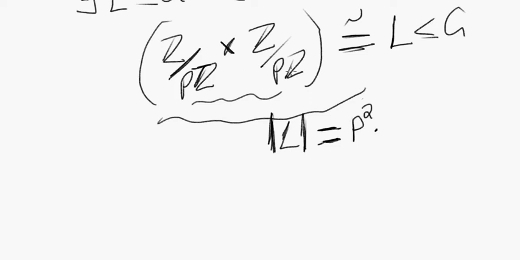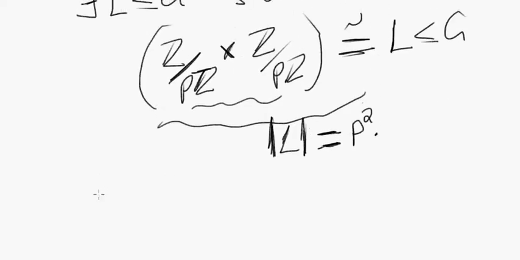Well, we're not sure about this. It seems pretty difficult to show that Z mod pZ cross Z mod pZ is isomorphic to some subgroup of G, given that we don't know what the subgroups of G are, and G could be arbitrary. This approach doesn't seem to be helping us much.